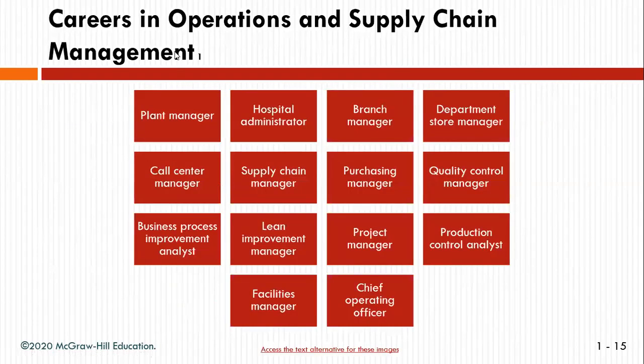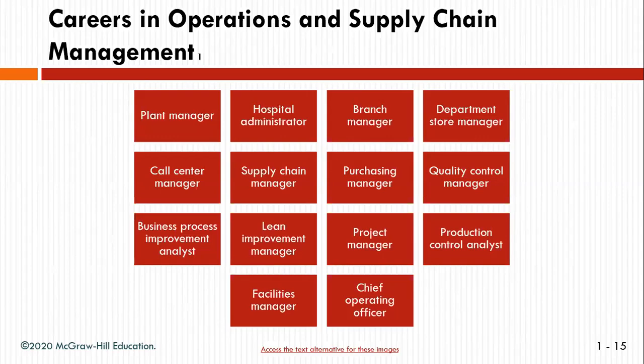Now, here are some jobs that you probably look at differently now, and they are, as we said, besides finance, marketing and sales, the jobs that belong to operations and supply chain management. One is the plant manager, who calculates the materials that are needed and runs the operation.